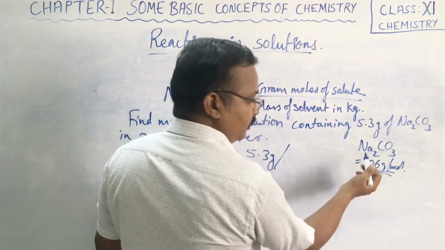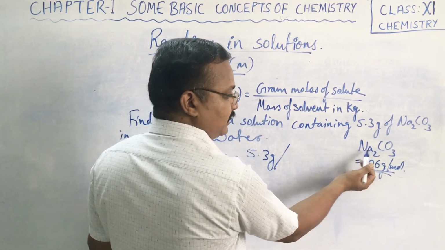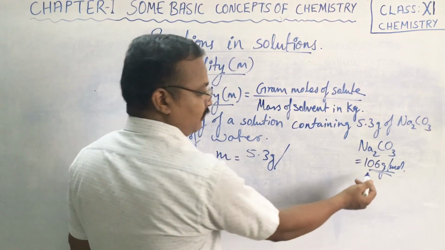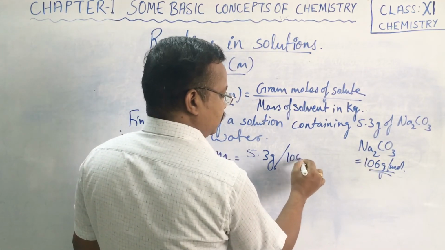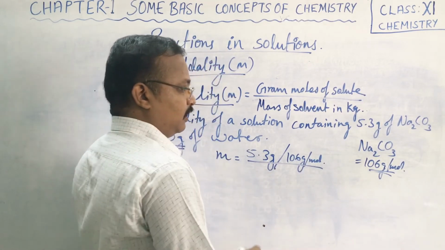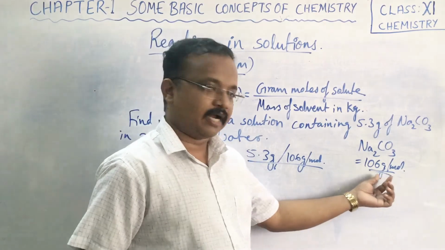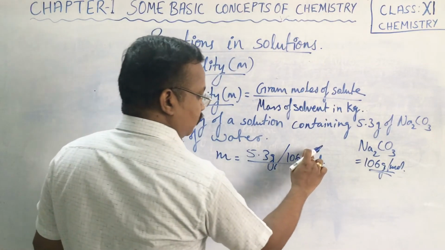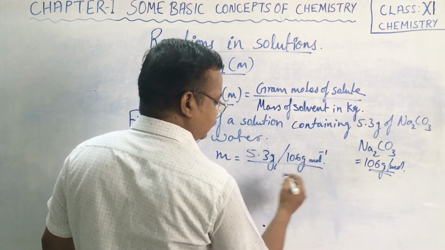You must find it: 2 atoms of sodium, 1 carbon atom, 3 oxygen atoms. You calculate, it will come 106 gram per mole. Always express molecular masses as gram per mole.